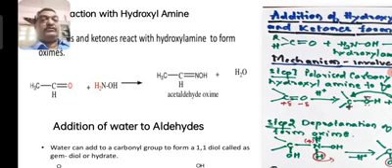So in general, there may be a question: explain the mechanism of addition of hydroxylamine to either aldehyde or ketone. First you have to write this reaction. Aldehyde or ketone reacts with hydroxylamine to form either aldoxime or ketoxime.